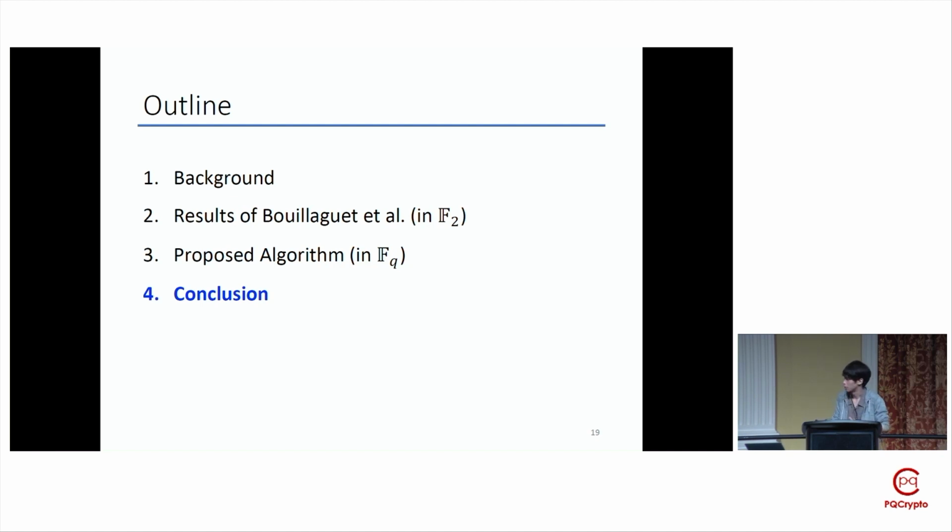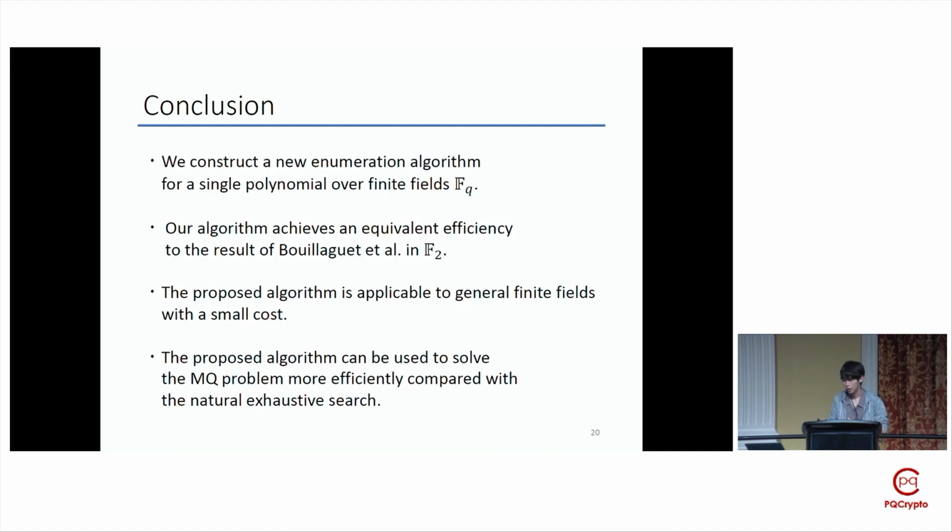Finally, we conclude this talk. In this talk, we construct a new enumeration algorithm for a single polynomial over finite fields Fq with a prime number q. Our proposed algorithm achieves an equivalent efficiency to the enumeration algorithm of Boyer-Get et al. in the binary field.